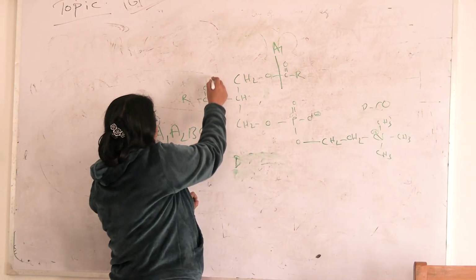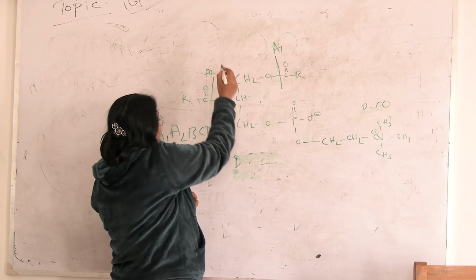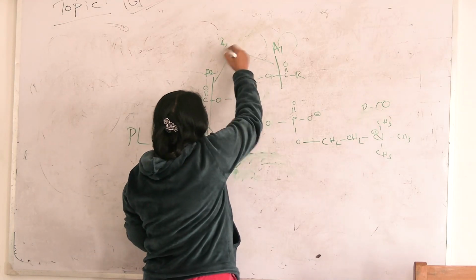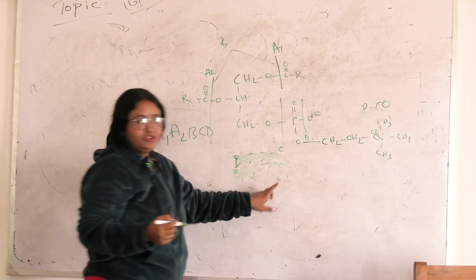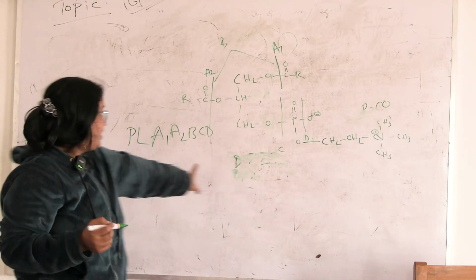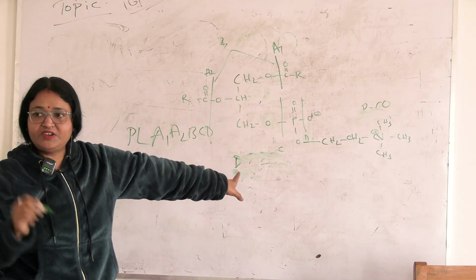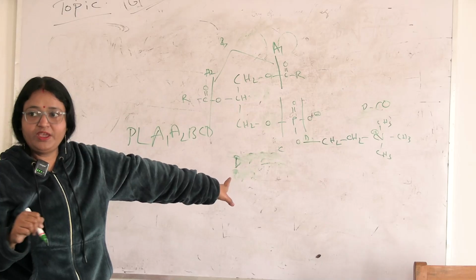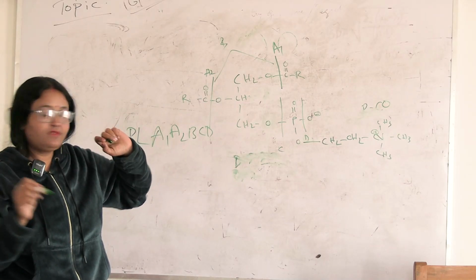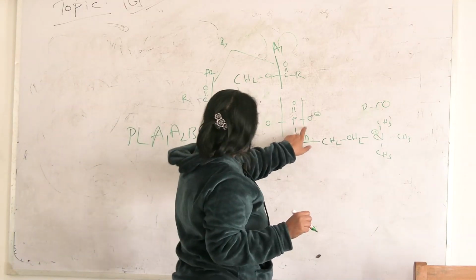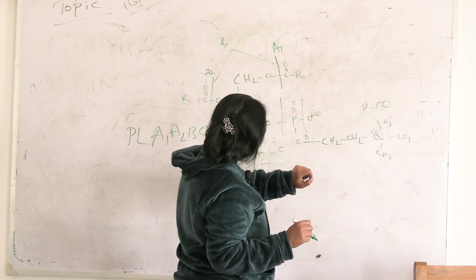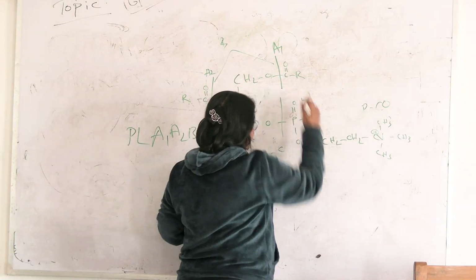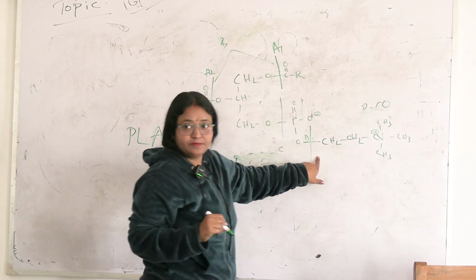The second one, broken here, is A2. Together this is B, and here is C, and here is D. One thing I want to clear: this is given in the recent edition of Harper, and in your 10th edition of Satyanarayana it is given somewhere, oh sorry, not here, that is here.